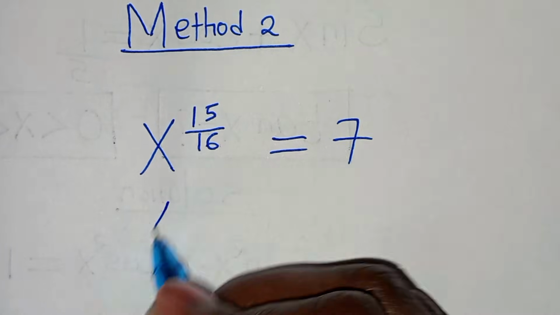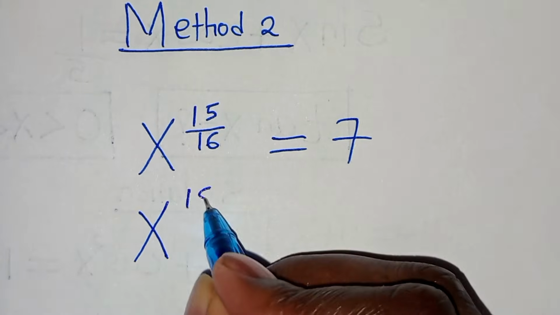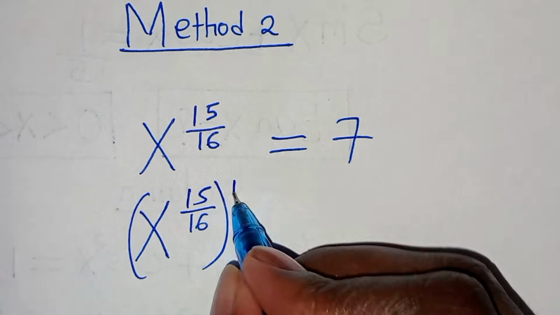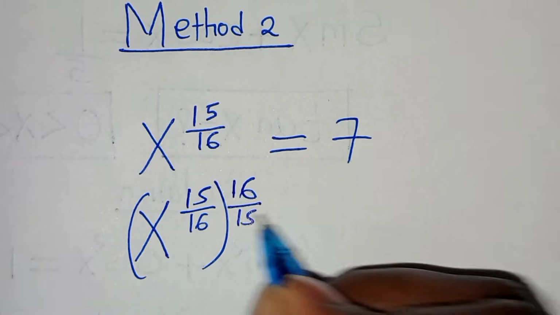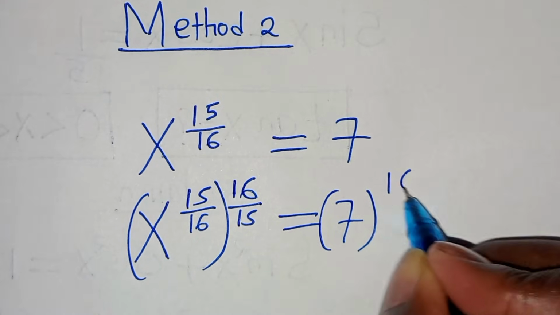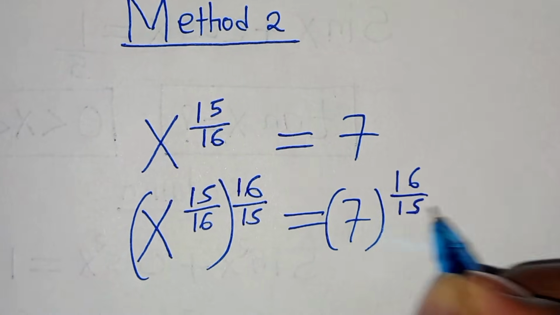So let's multiply both sides by the reciprocal of 15 over 16, which is 16 over 15. This is equal to 7 raised to the power of 16 over 15.